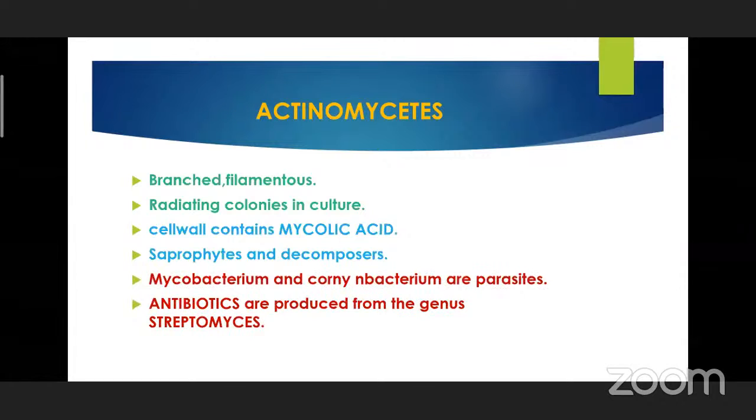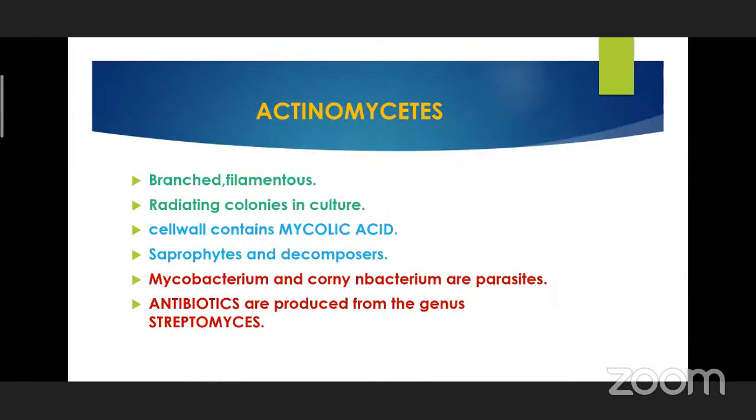They are basically saprophytes and decomposers, and some of them are parasitic in nature, causing diseases, like Mycobacterium and Corynebacterium. And the most important thing is that antibiotics can be produced from these actinomycetes in bacterial culture. The genus Streptomyces, in particular, is a very important one.